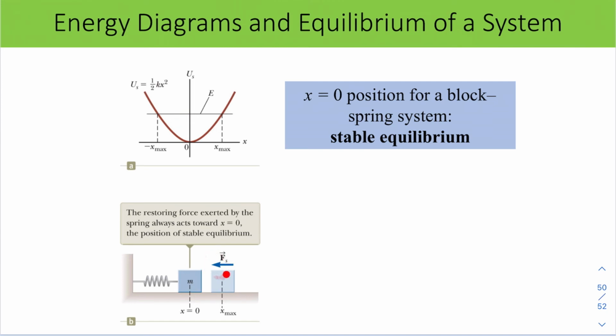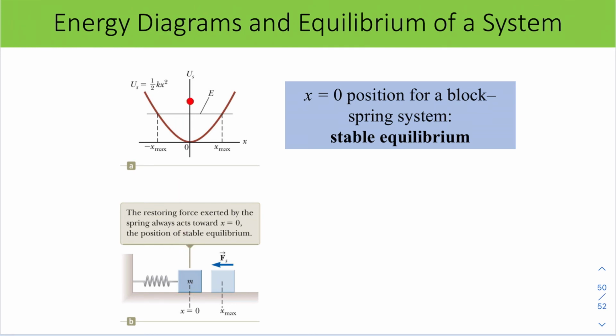Therefore the force Fs exerted by the spring is negative because it points to the left, and the block accelerates back toward x equals 0 when released. If the external force compresses the spring, the situation is vice versa: x is negative and the slope is also negative. Therefore Fs is positive because it tries to restore the block to x equals 0, and again the mass moves towards x equals 0 upon release.